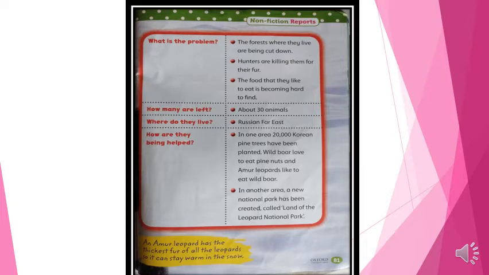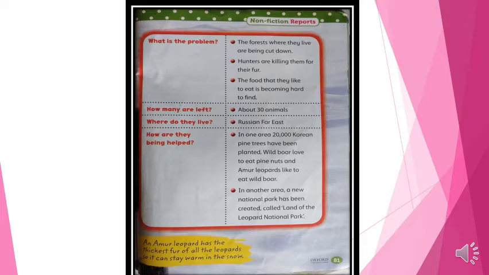Now come to page number 81. What can you see on page number 81? Yes, this is a chart. So a chart is very helpful to find different things about an animal. So here we can find what is the problem, why are the armor leopards dying, what is the reason for their extinction, and then we will read about how many armor leopards are left.